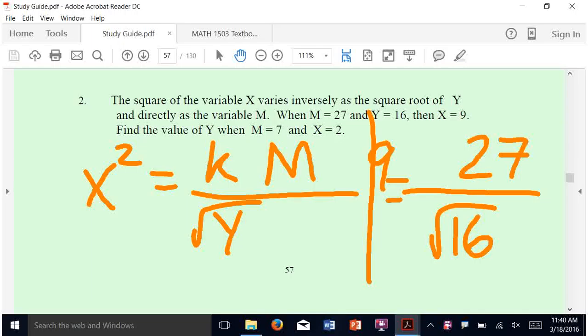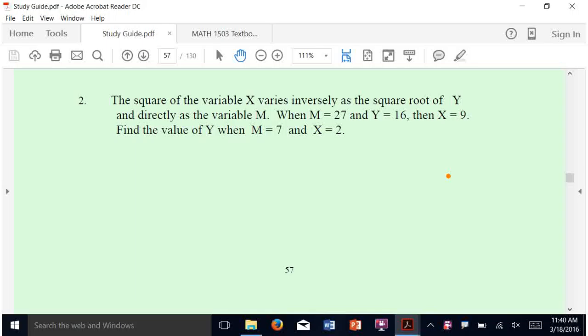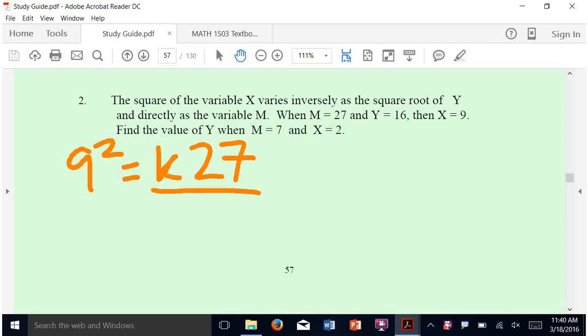Okay, so let's see. 9 squared is going to equal 27k over the square root of 16. Let's rewrite that. 9 squared equals k times 27 over the square root of 16. That's just 4.